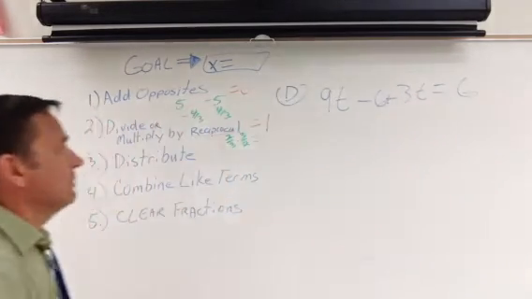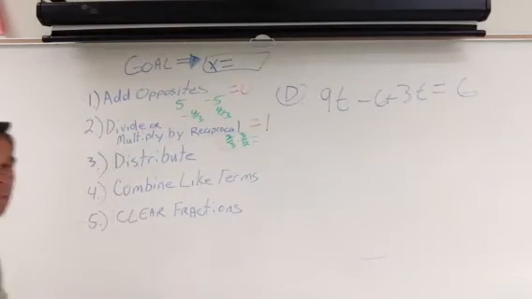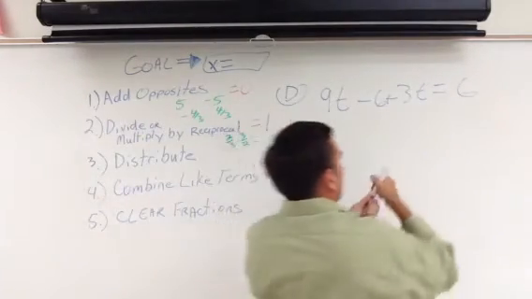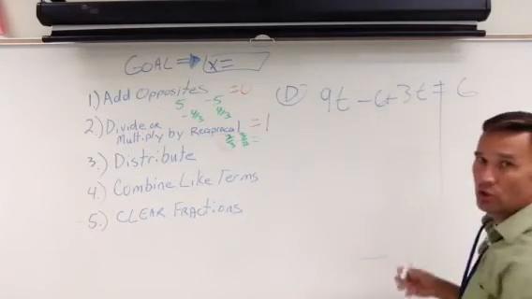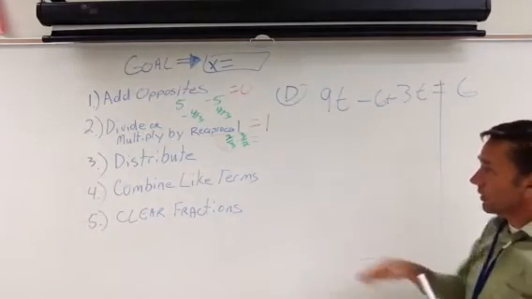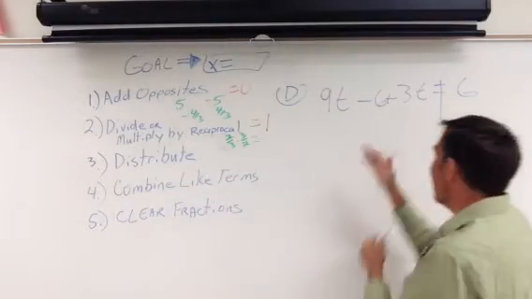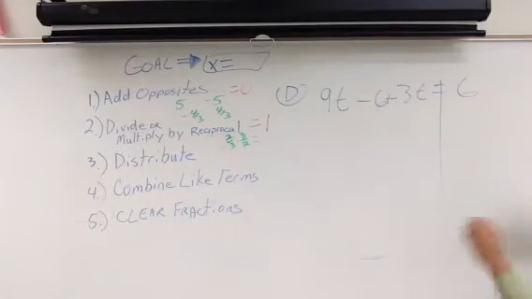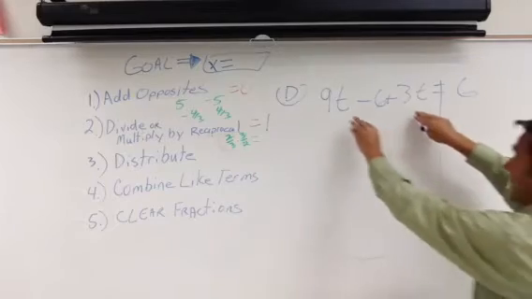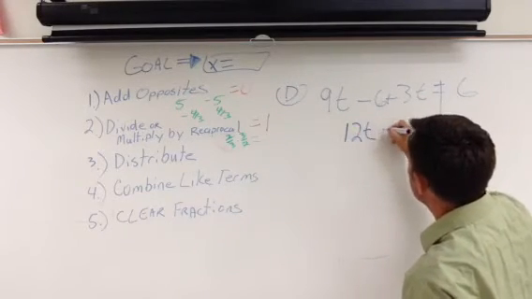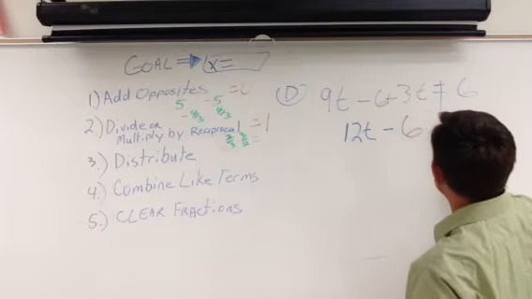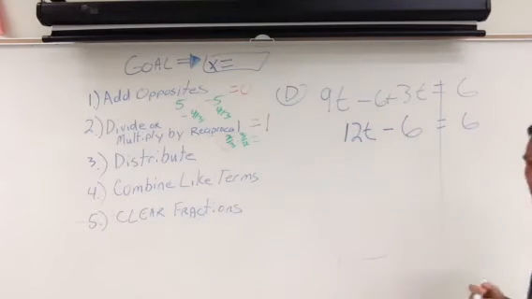Now I don't necessarily want to add opposites yet, because as I look at this, on this side of the equal sign, I have the same terms. This is where I can combine these. They are not on opposite sides of the equal sign, so I don't have to add opposites. But I can combine 9t and 3t to get 12t. I still keep this minus 6 equals 6.